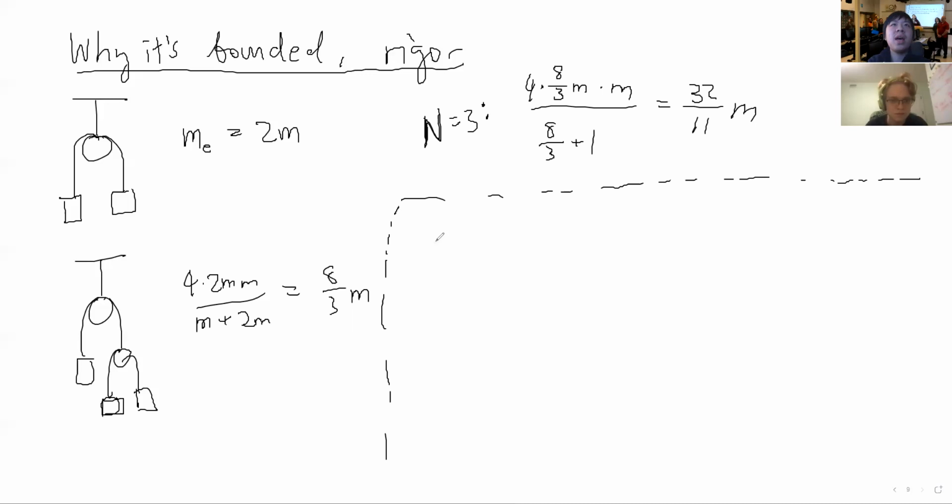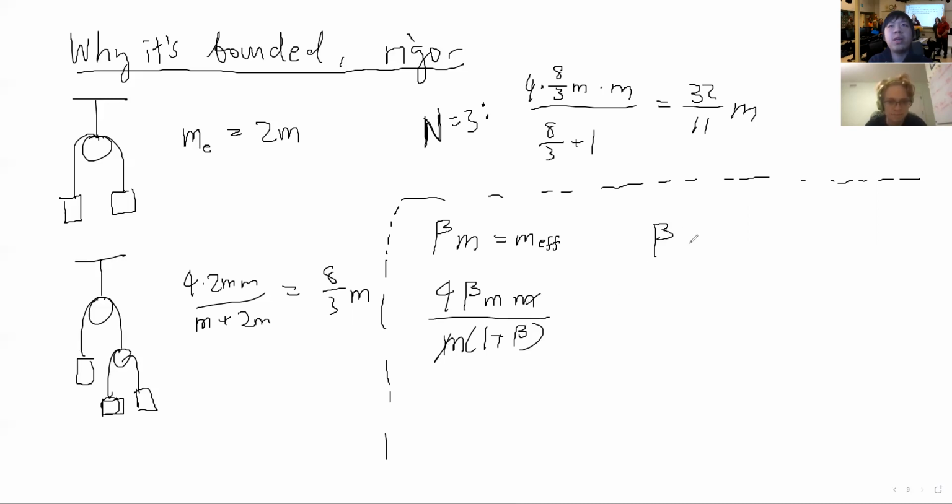Well, if we have some beta times m, where beta times m is equal to the effective mass. So what are we doing with the effective mass to get to the next layer? Times 4 on top, times 4 minus 1 on the bottom. Yeah, it's equal to 4 times beta times m over m times 1 plus beta, right?